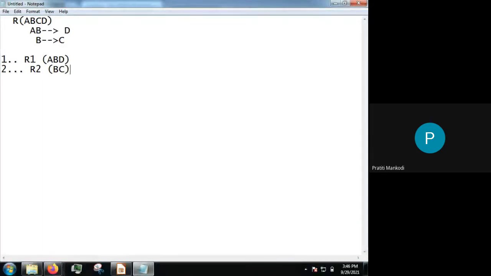So one table which had A, B, C, D, I am now splitting into A, B, D and B, C. In both tables, the partial dependencies are removed. All the non-key attributes are dependent on the key attribute. Fine? Now understood the example?